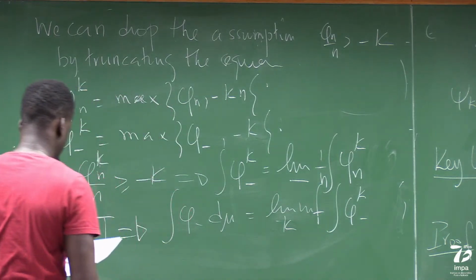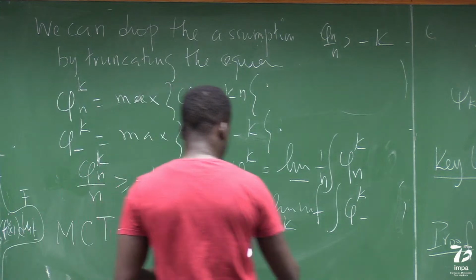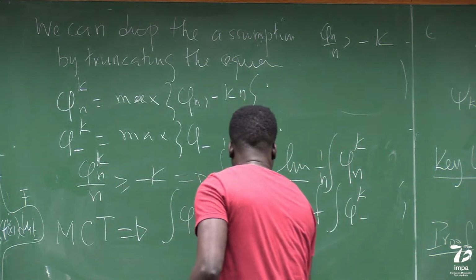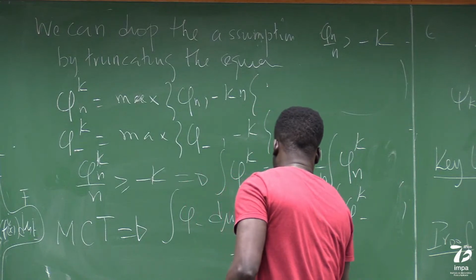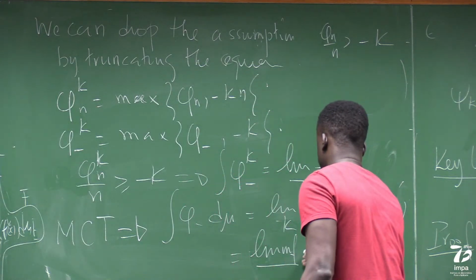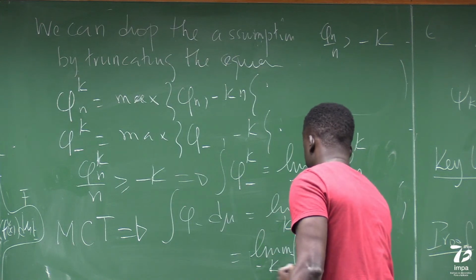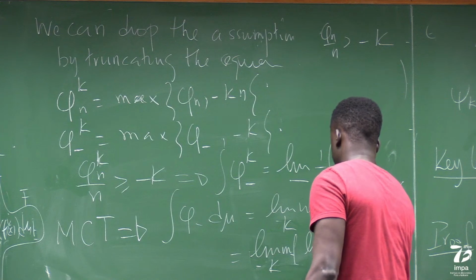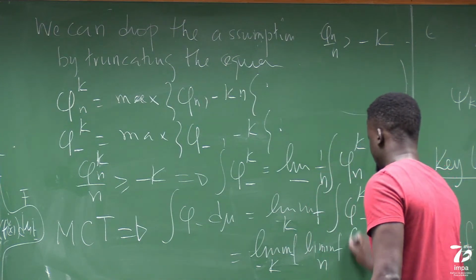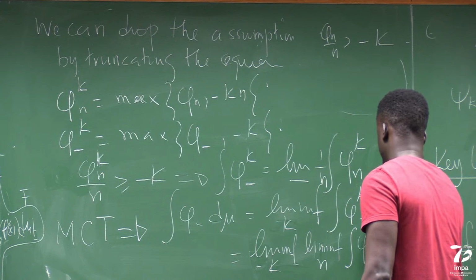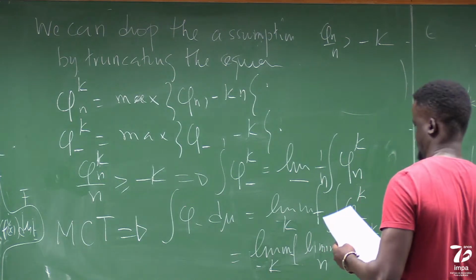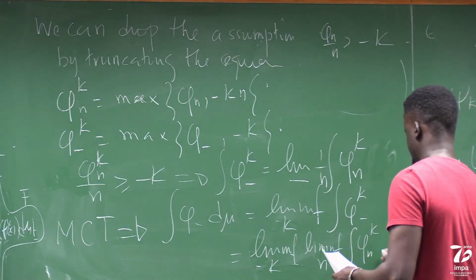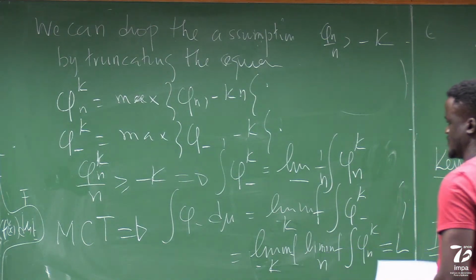You can go further to write this as the lim inf in k, and this was the lim inf in n of phi k n. And these two limits, you can exchange them and you can see that this is exactly L.